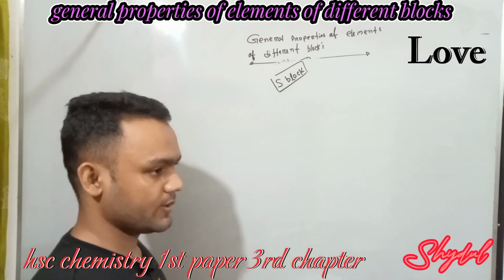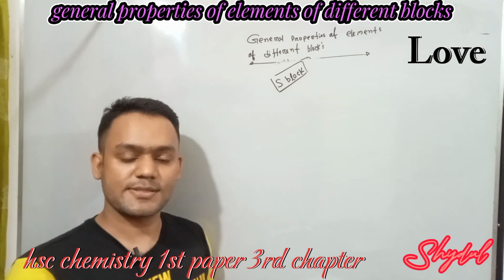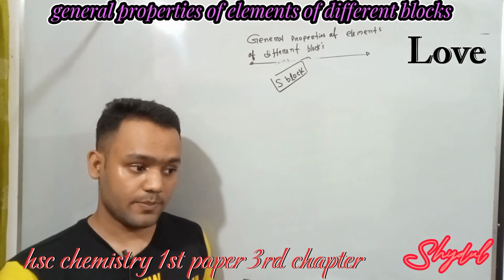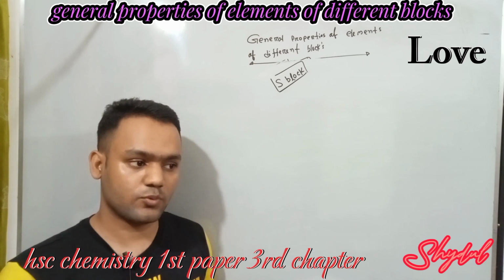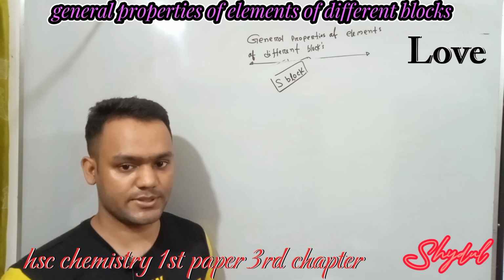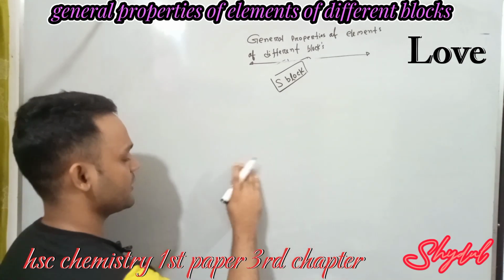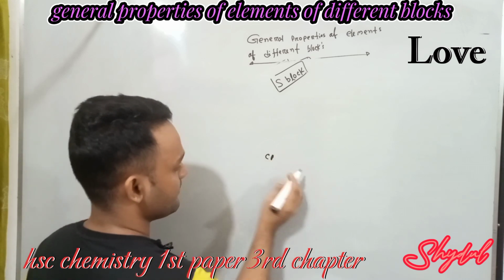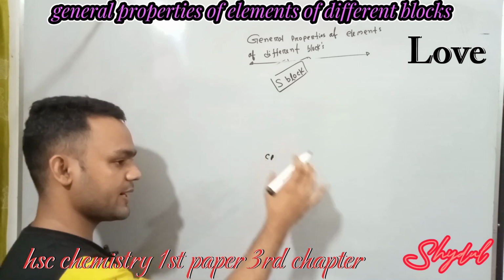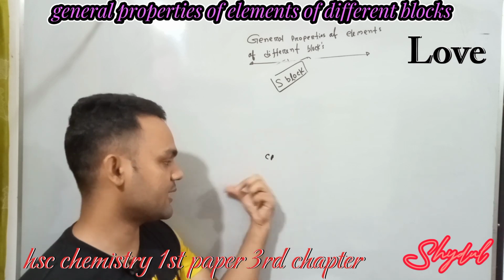For example, calcium is an alkaline earth metal, not an alkali metal.